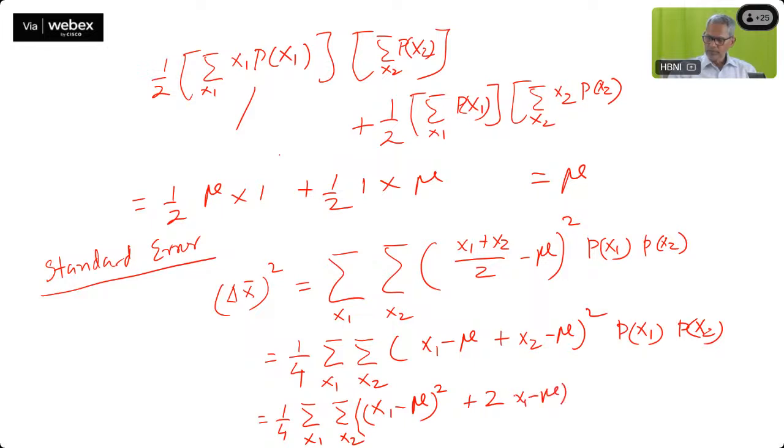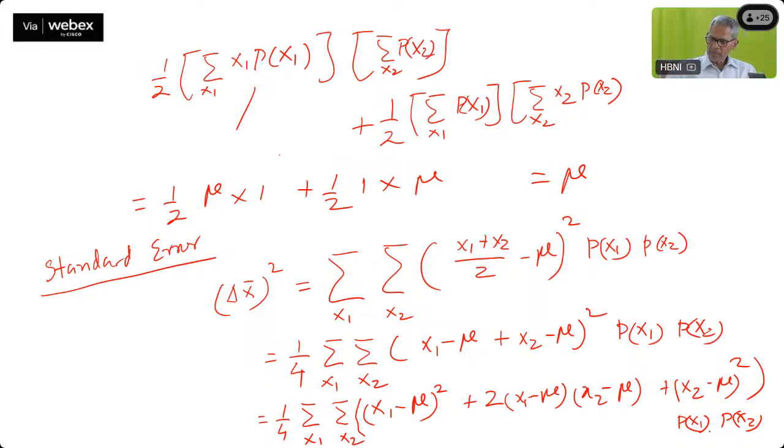(x1 minus mu) squared plus (x2 minus mu) squared, dx1 dx2.